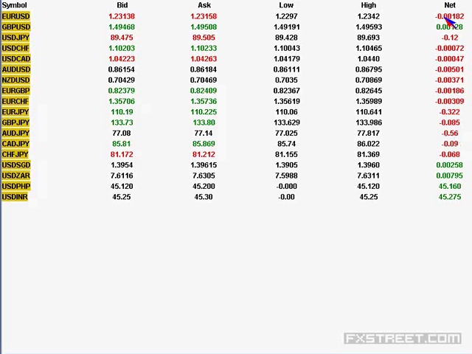So you find that Euro is showing negative net change and USD is showing negative net change, and because of that there is a dip in the case of Euro Yen which is showing about 32 pips negative net change. And in the case of GBP, it is about 7 pips negative net change because GBP they are holding it in a positive zone.